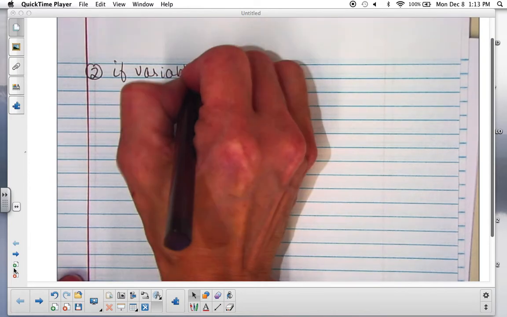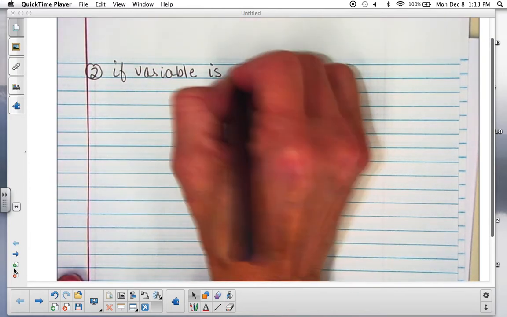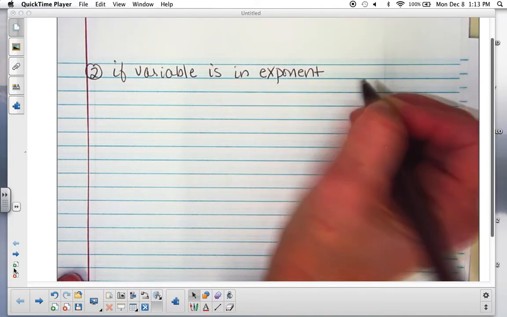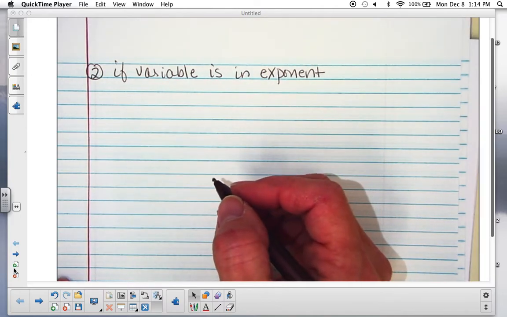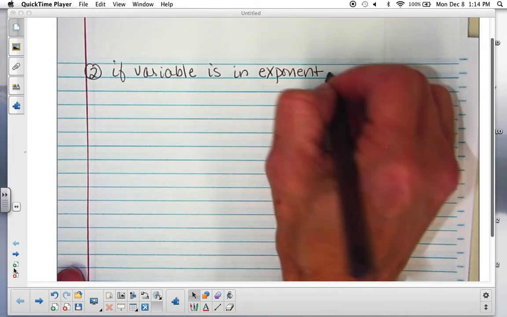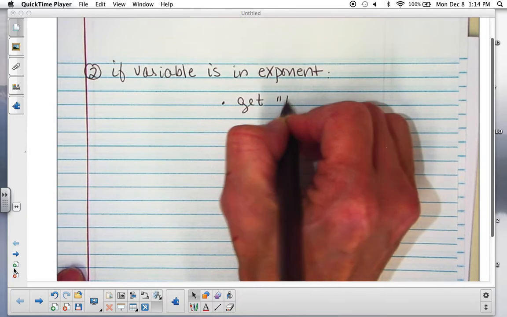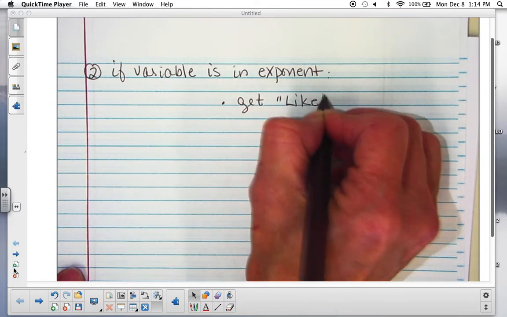If the variable is in the exponent, what we want to do is get like bases.